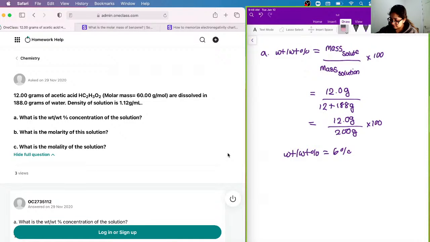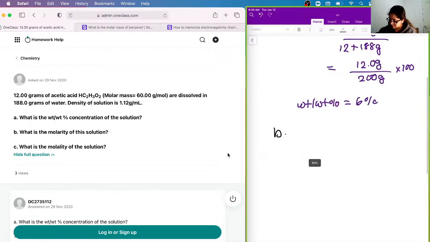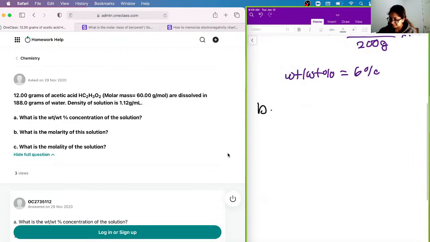So to find the molarity, we need to find the number of moles and the volume. So therefore, let's first determine the volume of the solution.